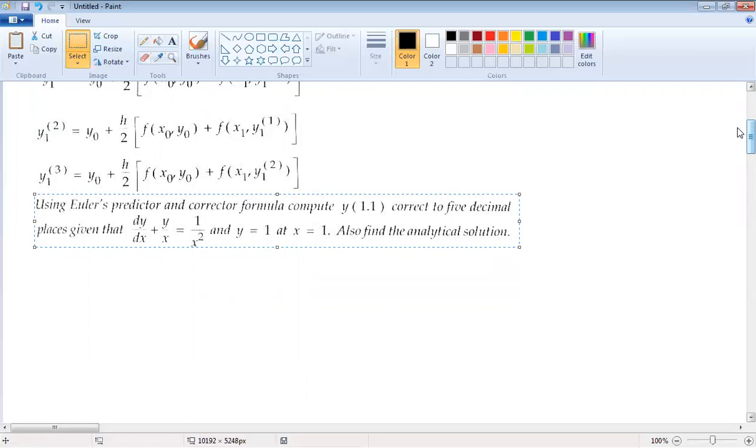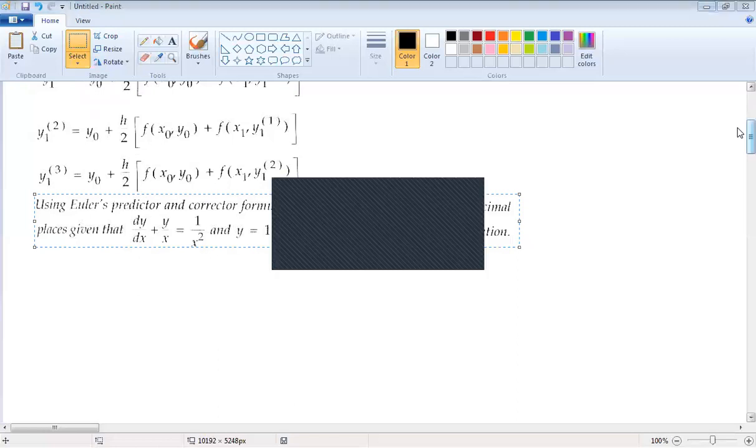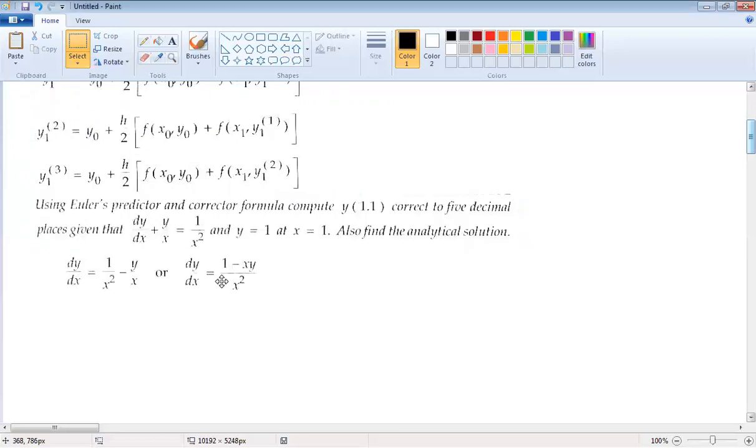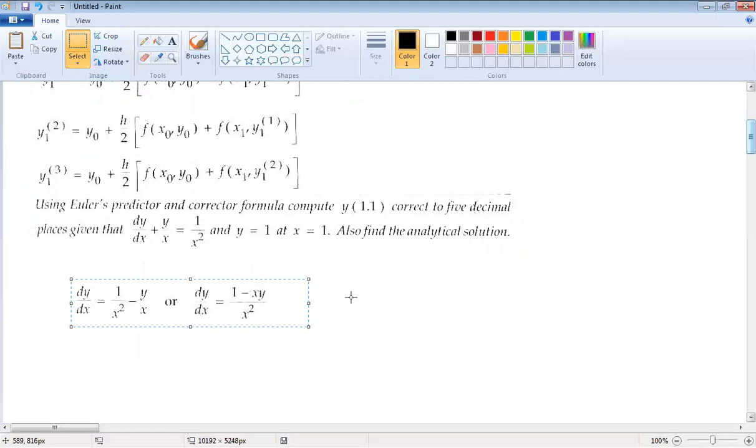And they have asked us to find the analytical solution also. Okay, so let's start. First, we need to write the problem in the standard form, means dy by dx is equal to, shifting y by x on the other side, 1 by x square minus y by x.